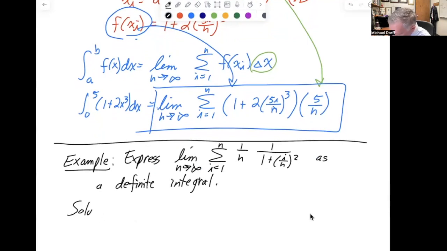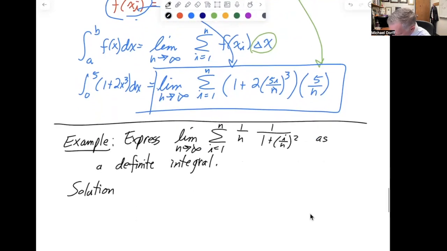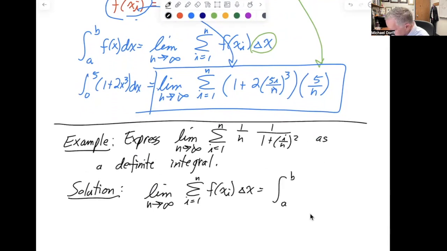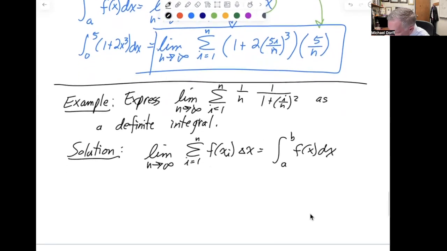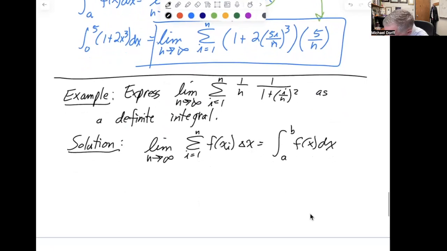So again, I'm going to use my definition. If I write it going the other direction, the limit as n goes to infinity of the sum i equals 1 to n of f of x sub i delta x equals the integral from a to b of f of x dx, where we remember that delta x equals b minus a over n, and x sub i equals a plus i delta x.